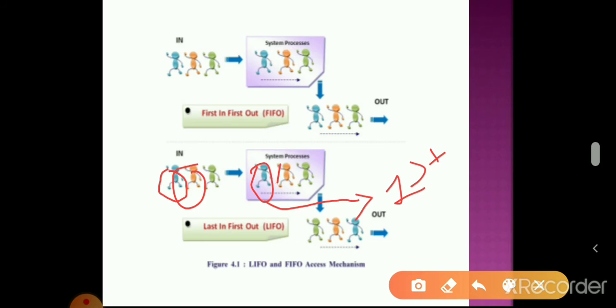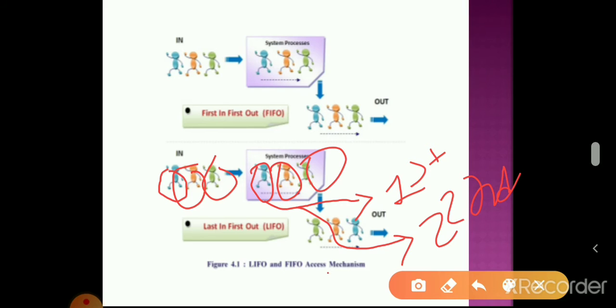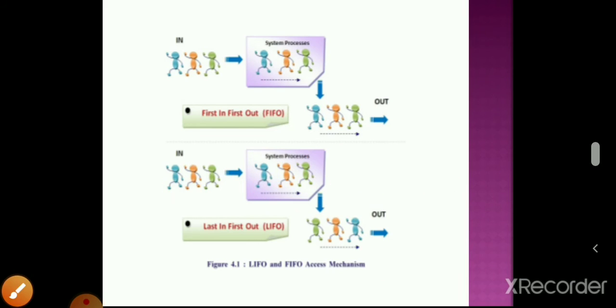So this is in the output process, this person comes second, and the last person in the last process comes in the third position. So this is your LIFO mechanism, last in first out. In the FIFO, first in first out.